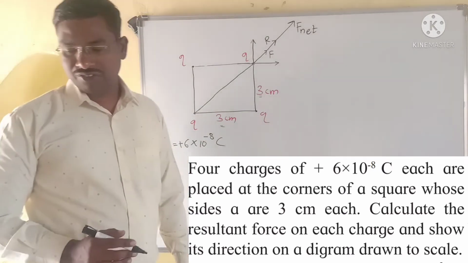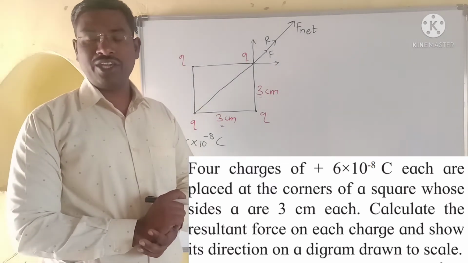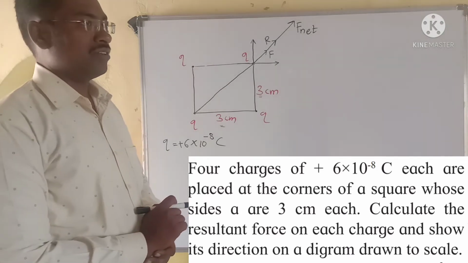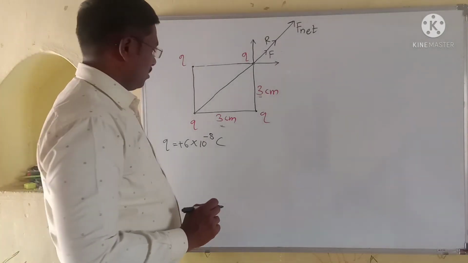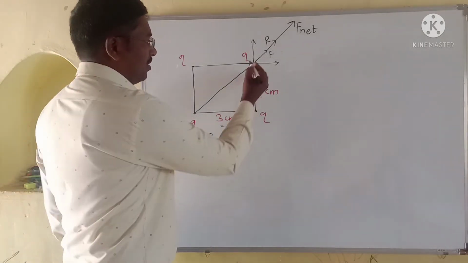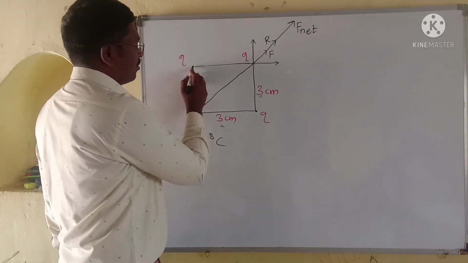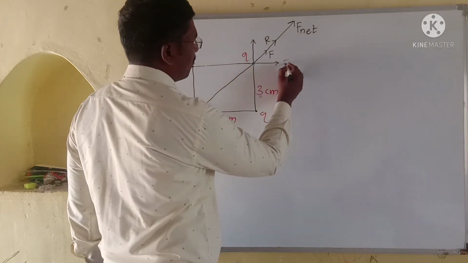From this we have to calculate the resultant force on each charge. First calculate the resultant force on this charge. At this point, this charge acts with a horizontal force.